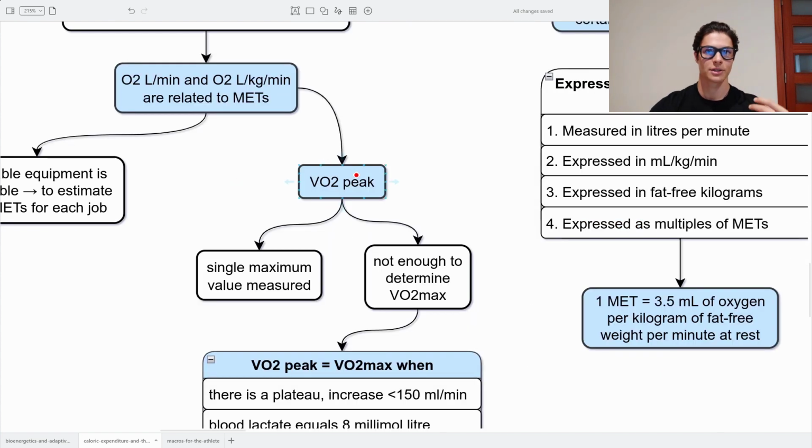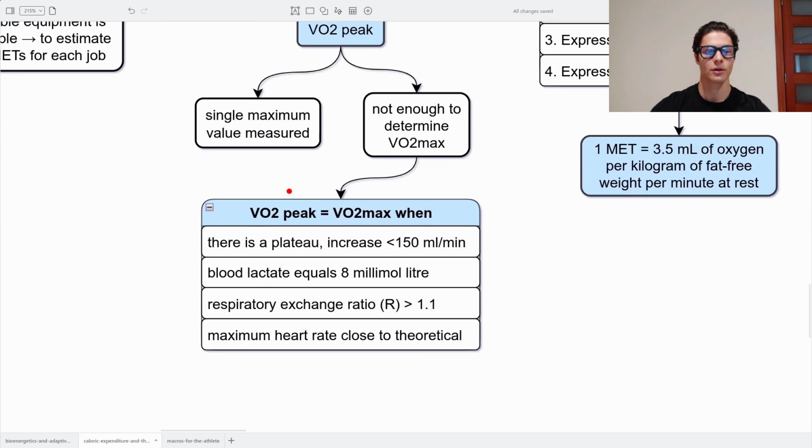And here we have to mention the VO2 peak. This is a single maximum value measured, and it's not enough to determine the VO2 max. But the VO2 peak equals the VO2 max when there is a plateau, an increase in oxygen consumption of less than 150 milliliters per minute; when the blood lactate equals 8 millimoles per liter; and when the respiratory exchange ratio, the R, is more than 1.1.